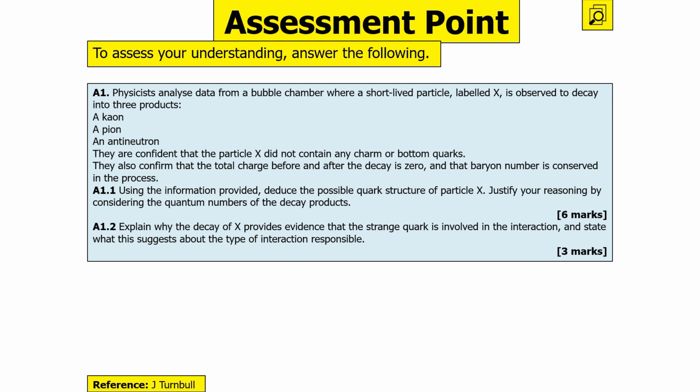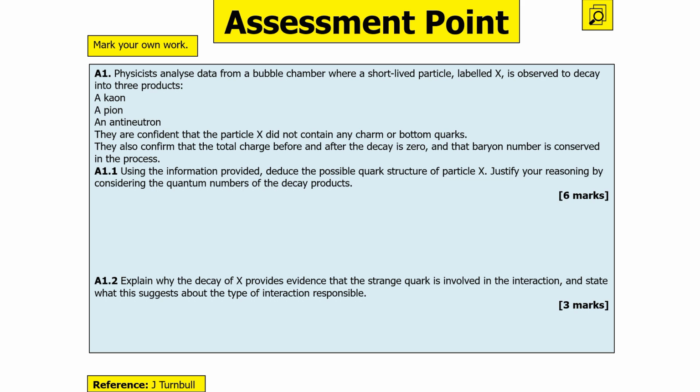Use the information provided to deduce the possible quark structure of particle X, justify your reasoning by considering the quantum numbers of the decay products, and then explain why the decay of X provides evidence that the strange quark is involved in this interaction and state what this suggests about the type of interaction responsible. So pause the video now, then unpause the video when you want to go through your answer.